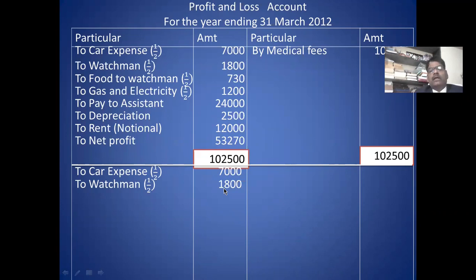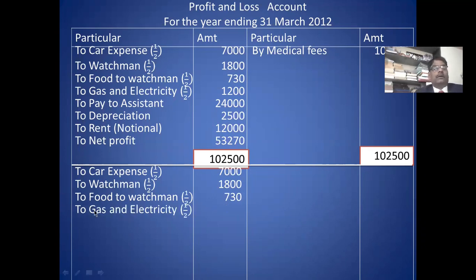Remaining half you take here. Okay. Next, watchman food. 730 taken in the profession. Remaining 730 you take here. Okay. Thereafter, gas and electricity. Half is taken in the profession. Remaining half you take here.